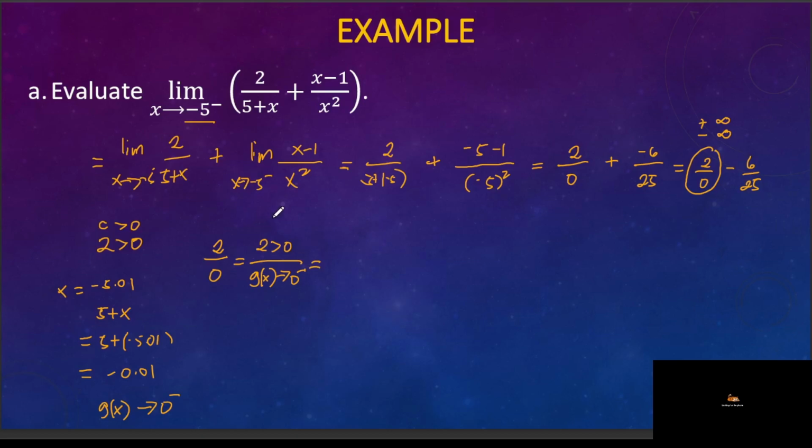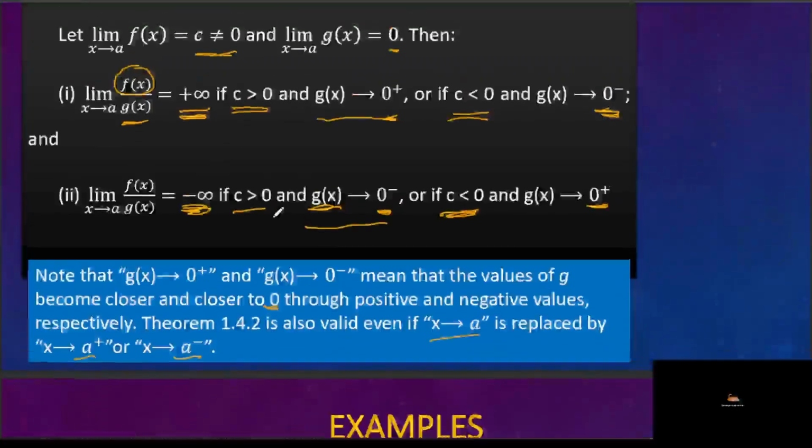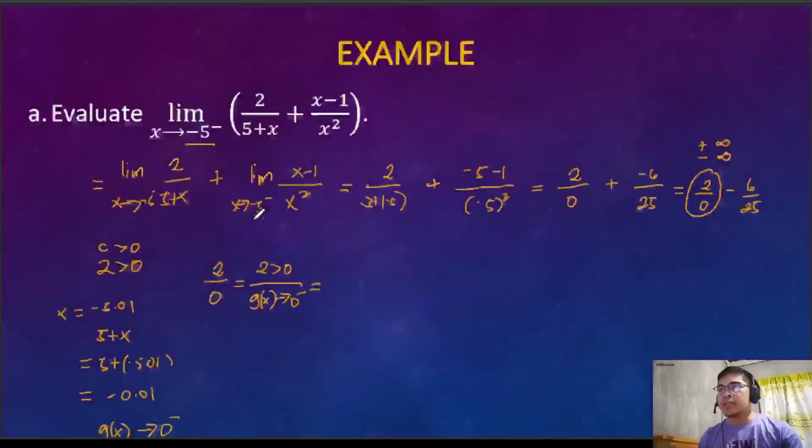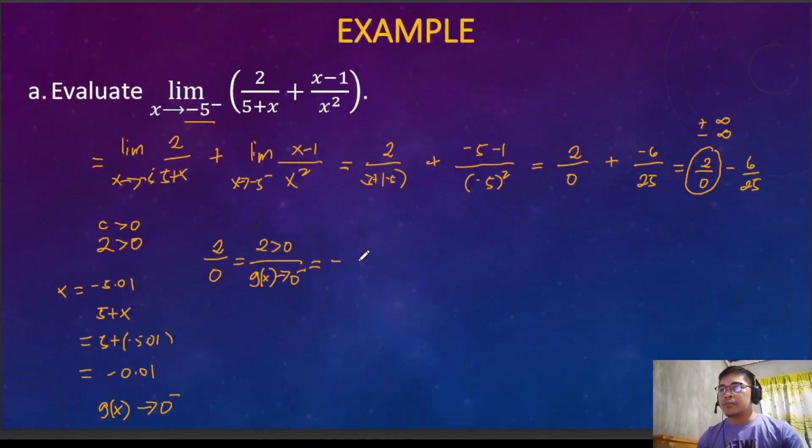So it is greater than 0, then approaches 0 from the left, which gives us negative infinity. So, going back, we got negative infinity.